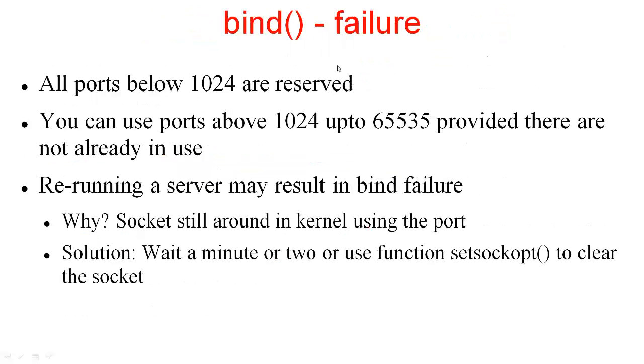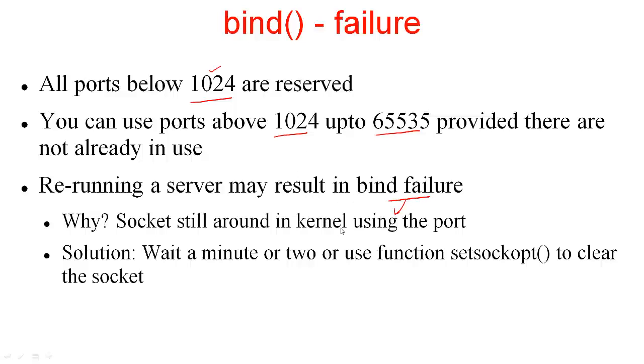Again, a few words of caution here. All ports below 1024 are reserved. So if you try to bind to a value below this, you will get an error. You can use ports above 1024 up to 65,535 provided they are not already in use. Suppose you are coding up a server and you have bound the server to some port, say 5000, and you kill the server and restart it. When you restart the server, it may result in a bind failure. Why will this happen?